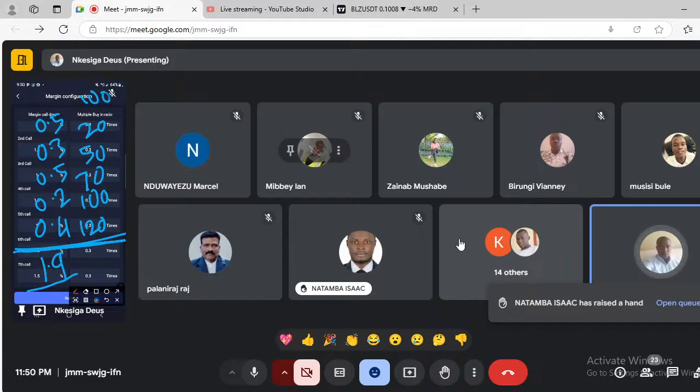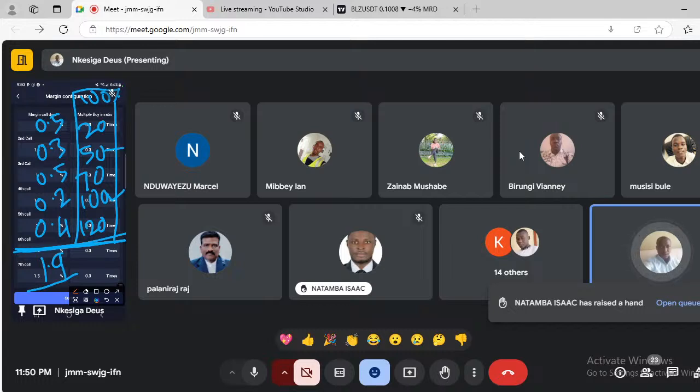Your total percentage drop is 1.9, and you are investing all this money. How much is this? 120 plus 100, that is 220. Plus 100, that is 320. Plus 50, that is 370.